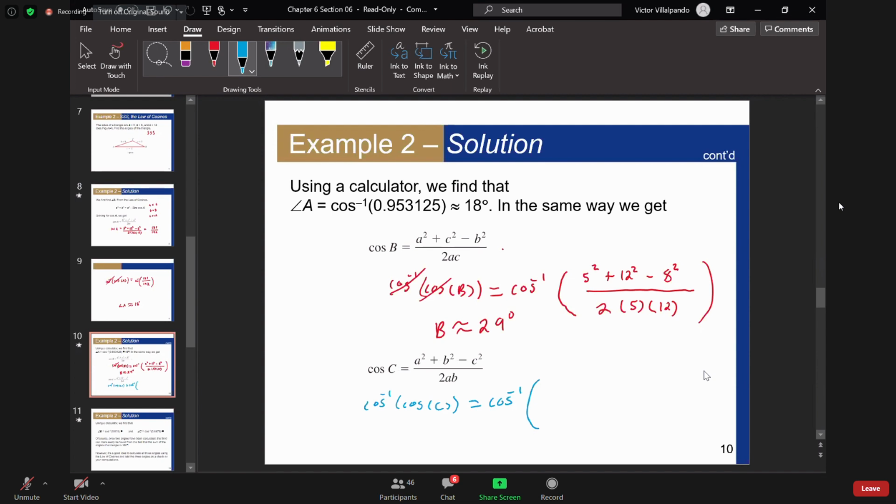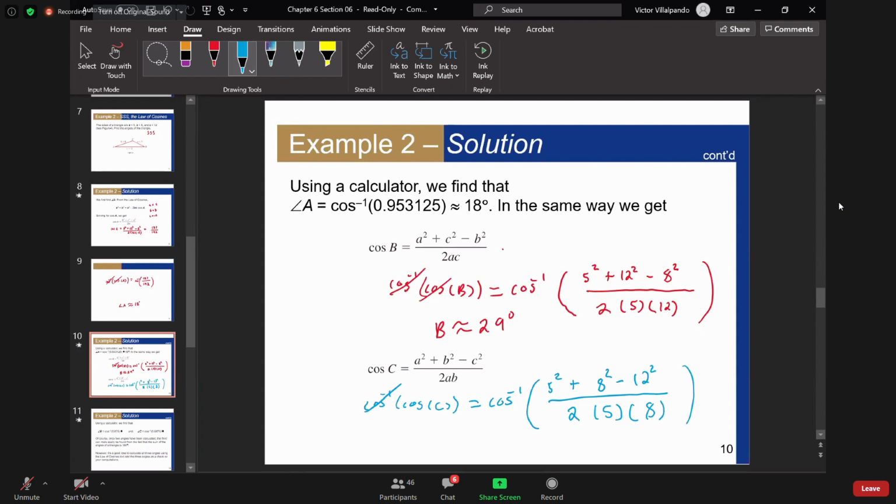All right, so cosine inverse, let's go ahead and plug in. A squared, so that's going to give me, what was A? A was 5, right? It was 5, I think. Yes, 5 squared plus 8 squared minus 12 squared all over 2 times 5 times 8.